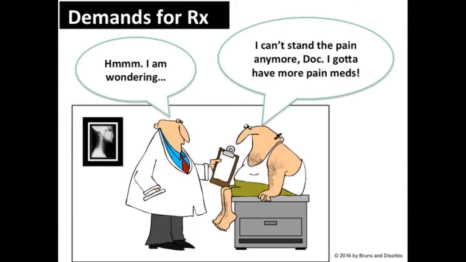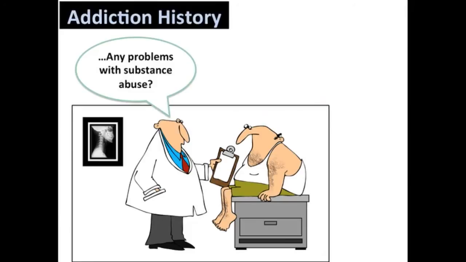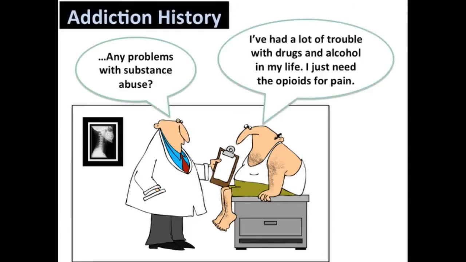And he says, I'm wondering, have you had any problems with substance abuse? And so here Bob says, well, yeah, I've had a lot of trouble with drugs and alcohol in my life. And so that's one type of pattern. This is where a patient reports a substantial addictive history, with addiction being to drugs or alcohol.